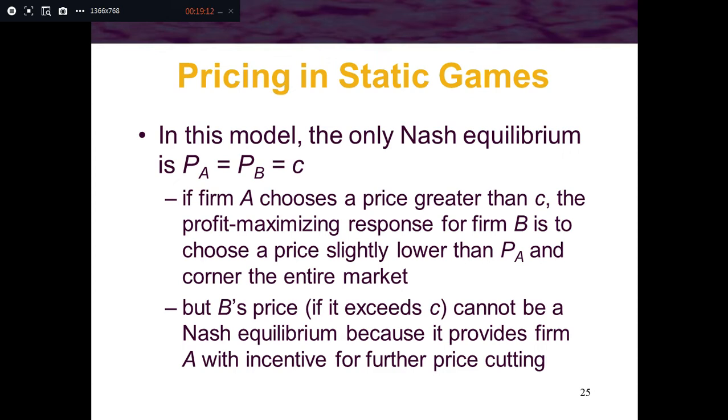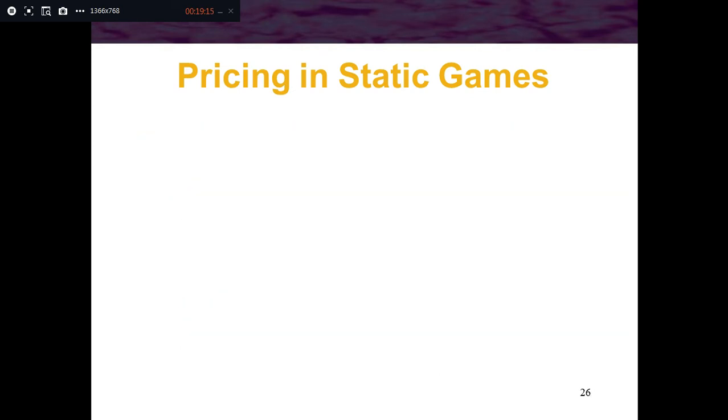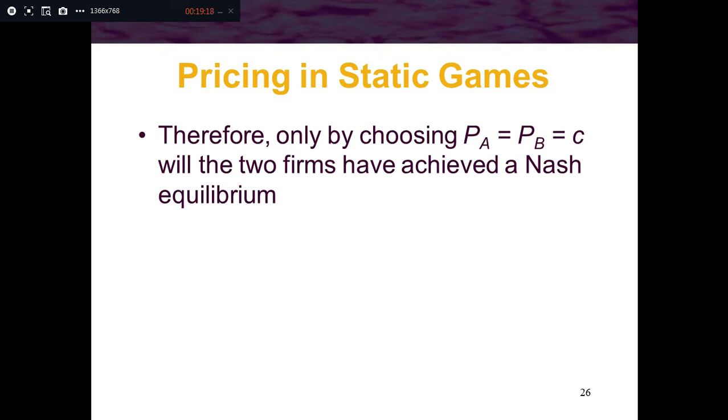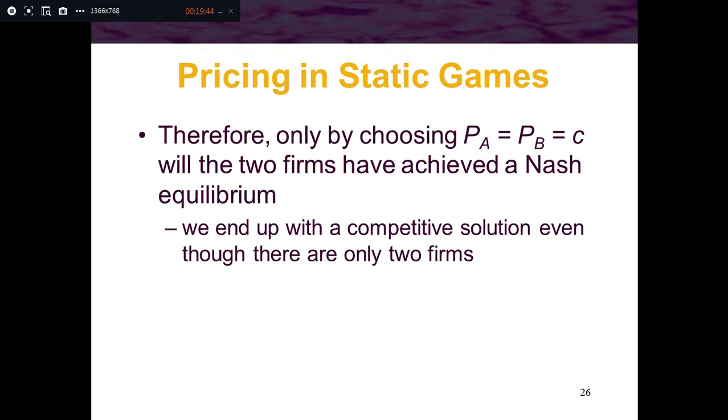So therefore only by choosing PA, price of A, equal to price of B equal to marginal cost will the two firms have achieved a Nash equilibrium የሚሆነው ችሎት በዚህ ጊዜ ነው ከዚህ በላይ ሁለቱም ዋጋ አጣሉ መሰላችሁ ሁለቱ ፍርሞች ገበያውን ለብቻ ይቆጣጠራሉ ሁለቱ ናቸው ገበያውን የሚቆጣጠሩት ሶ ገበያው ላይ ደግሞ የሚወሰነው ገበያውን የሚቆጣጠሩት የሚጋሩት ገበያው ላይ ባለው ዲማንድ ነው ስለ ምርታቸው ገበያው ባለው ዲማንድ ልክ ነው ስለዚህ እነዚህ ሁለት ሰዎች ኢኩሊብሪየም ላይ ሊሆኑ የሚችሉት መቼ ነው ማለት ነው ሁለቱም የሁለቱም መሸጫ ዋጋ እኩል ሲሆን የሁለቱም መሸጫ ዋጋ ከምን ጋር እኩል ሲሆን ከኮስት በላይ አውቆ ሴት የሚያደርጉት ፕራይስ ዋጋ የሚያወጣ ራሳቸው ስለሆነ ከኮስት በላይ ለማትረፍ በሚያወጡት ዋጋ ገበያውን ያሸንፋሉ ማለት ነው So we end up with competitive solution even though there are only two firms.